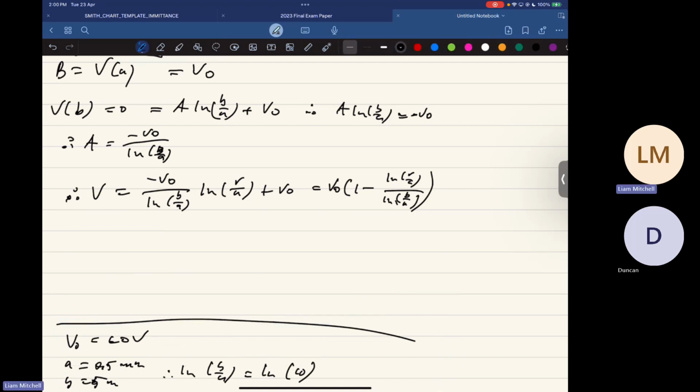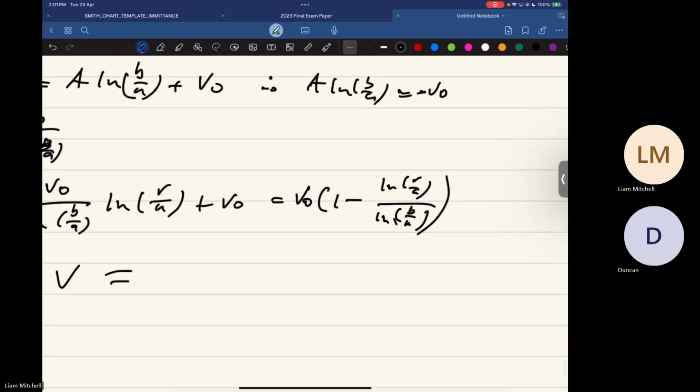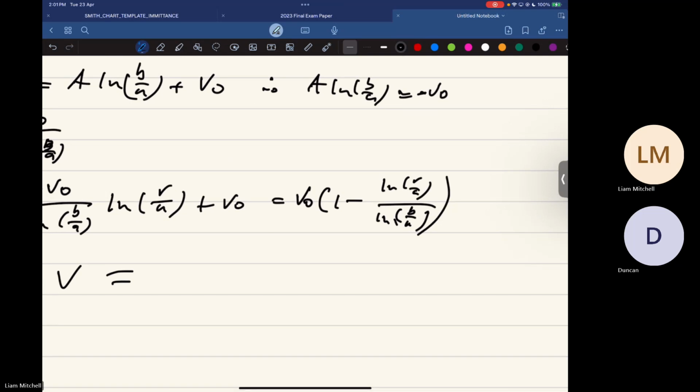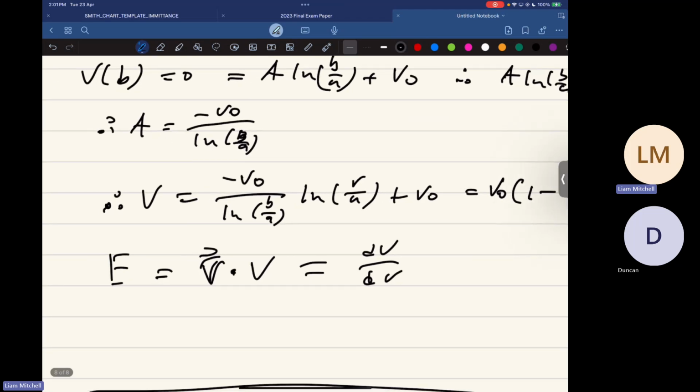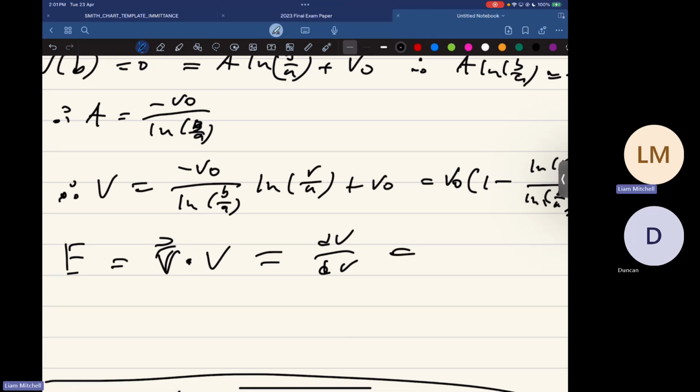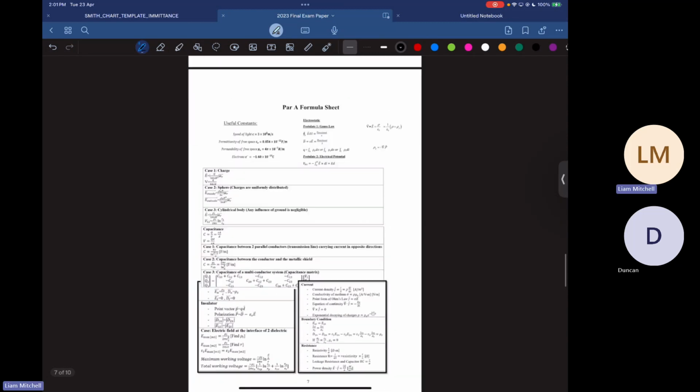So to find E from the voltage, it's just the gradient of voltage. In this case, this is just dV/dr basically, because all other components cancel out, and we get, it should be dV/dr as far as I remember.